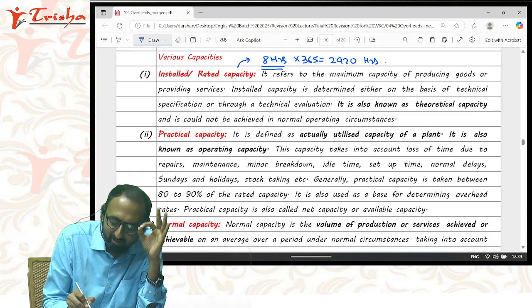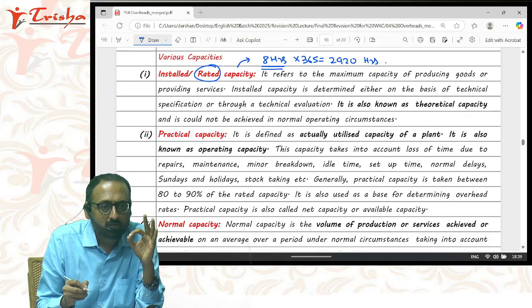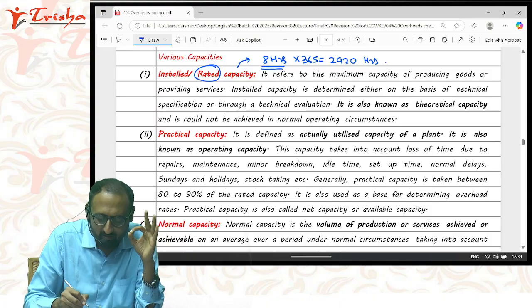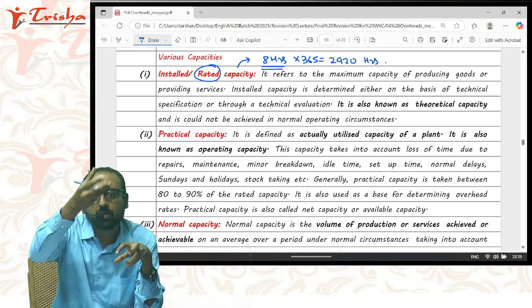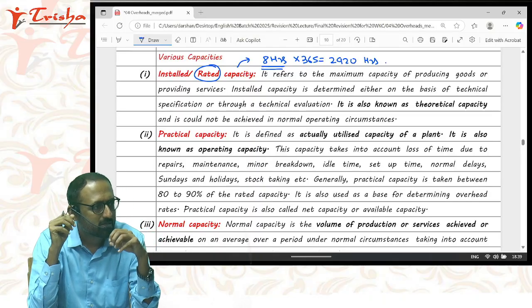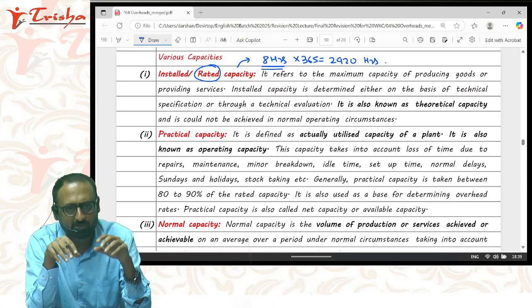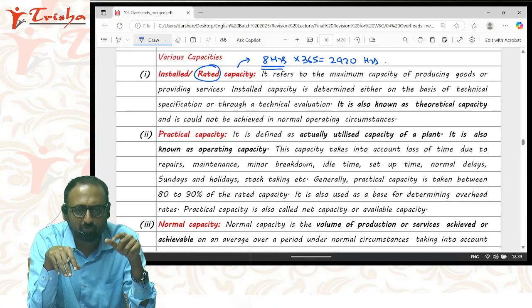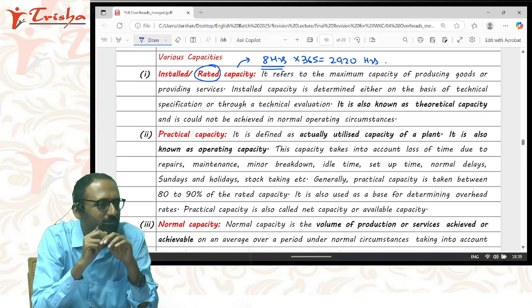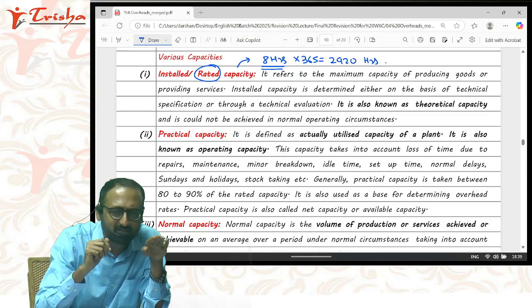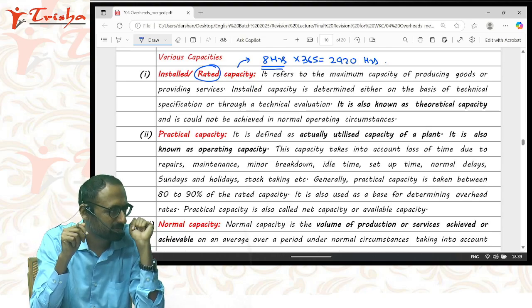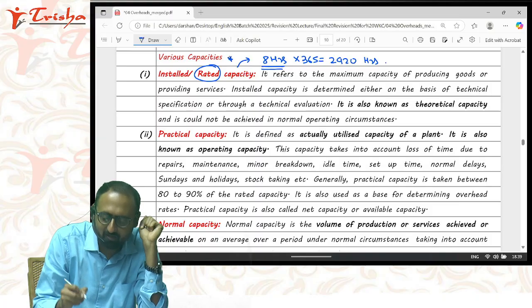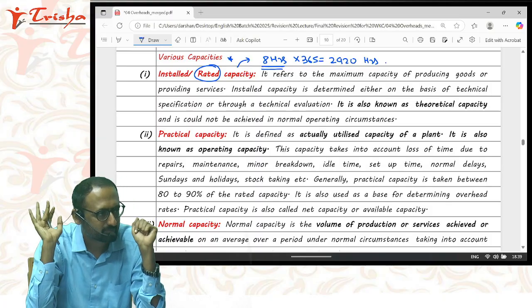Remember, rated capacity means the rates given by the machine manufacturer. Suppose at the time of purchase you ask the manufacturer of the machine what the capacity of that machine is. The manufacturer tells you this machine can produce 10,000 units per day, but they will write a star mark: terms and conditions applicable.